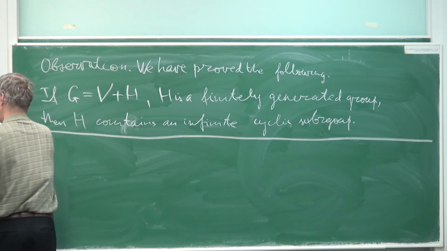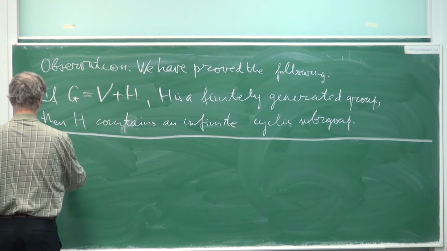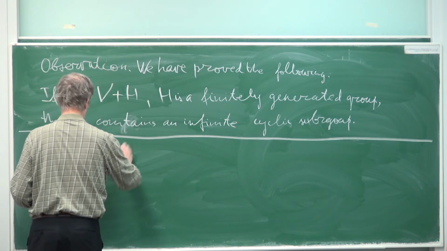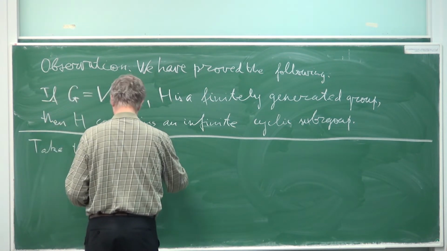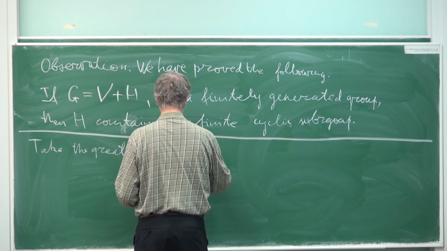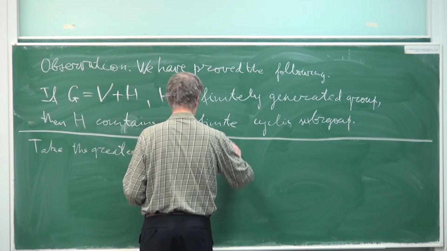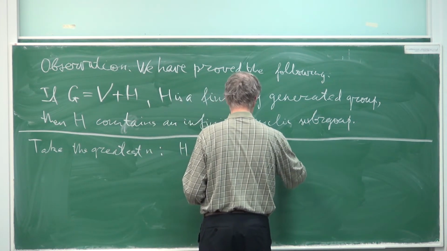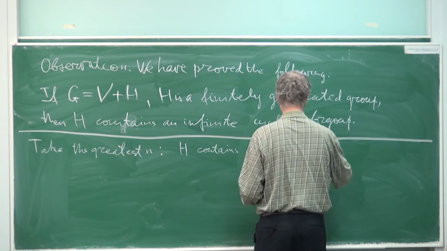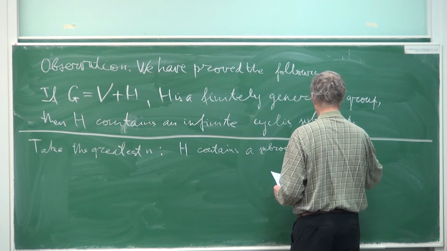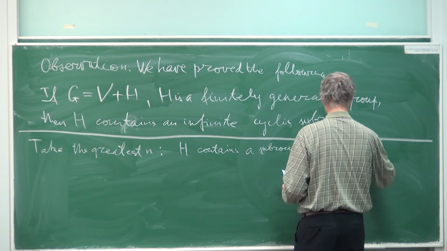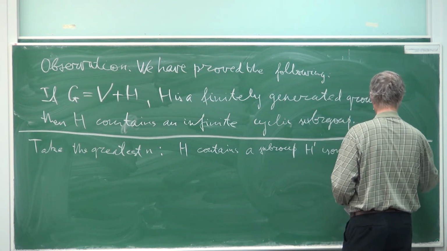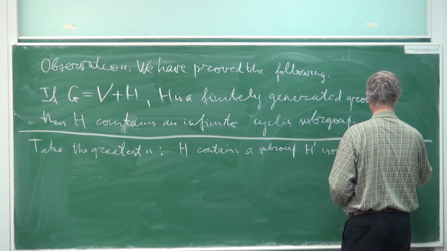So in this situation, take the greatest n such that H contains a subgroup H prime isomorphic to Z to the power n.